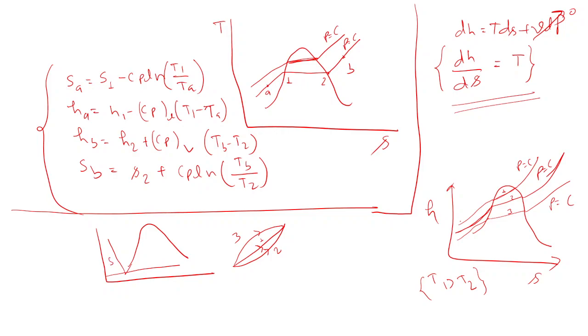Here we say solid, here liquid and here vapor. So this dome would get shifted. It is not a point, it is a line.